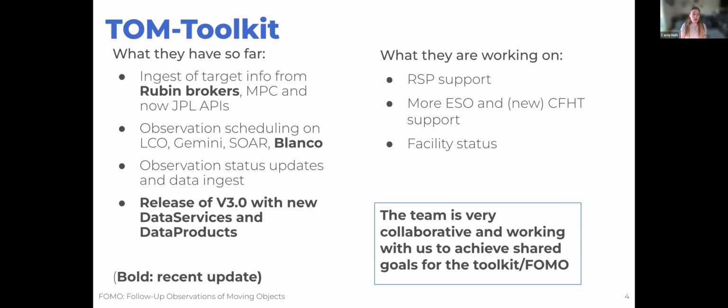Within the TOM Toolkit, they already have a way to ingest targets from Rubin brokers, from the Minor Planet Center, and now JPL APIs. You can do automated observation scheduling on LCO, Gemini, SOAR, and Blanco. You can do observation status updates, and have data ingest from your observations. And they just recently released a V3 with new data services and data products.